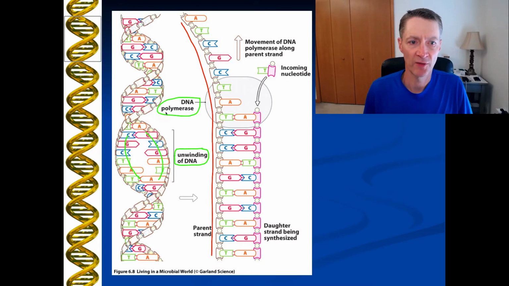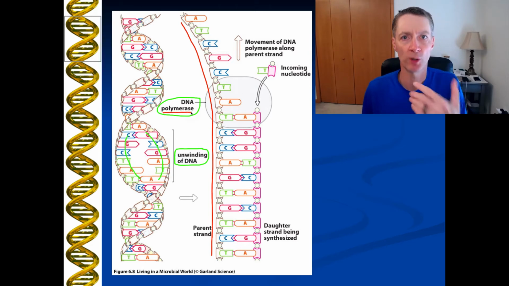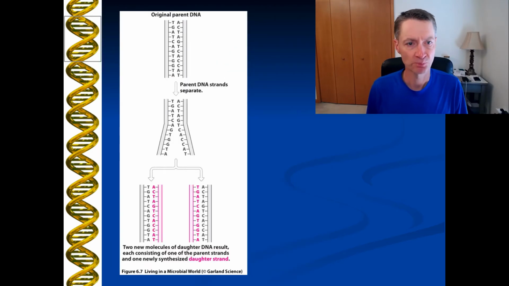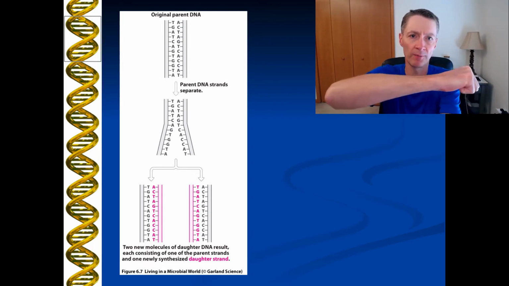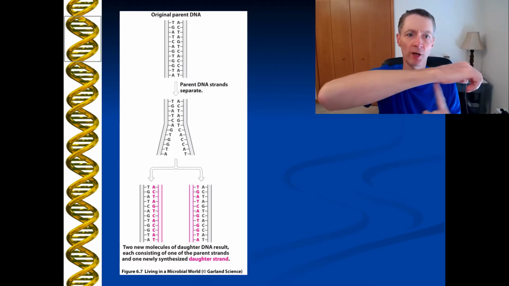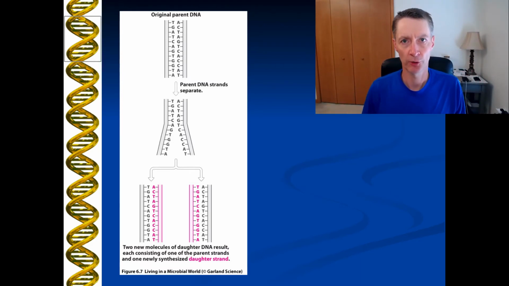And it makes sense that the polymer of nucleotides for laying down a new strand of DNA would be a DNA polymerase, okay? So one at a time, these nucleotides are brought in by DNA polymerase, and we have a brand new strand eventually at the end, okay? So here we show that happening with two original parent strands torn apart, okay? And then we build upon each of those strands to get daughter strands, all right? Again, DNA polymerase, that'll be the big one you need to remember, all right?